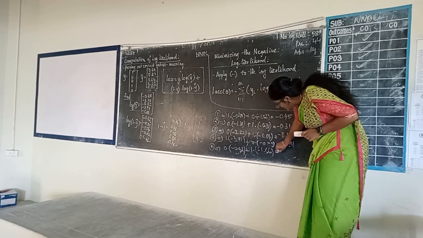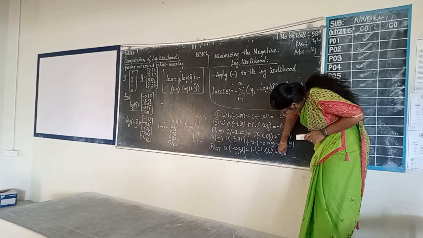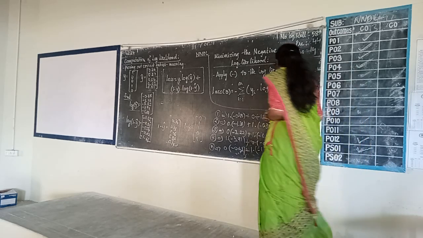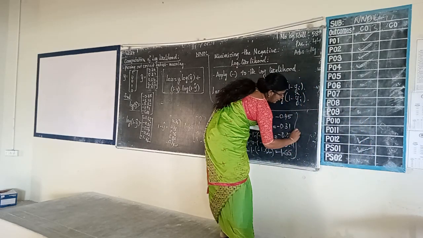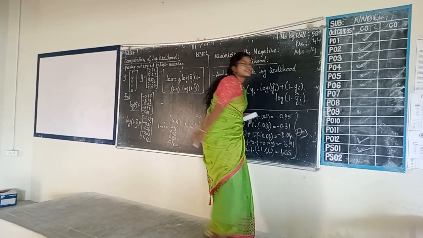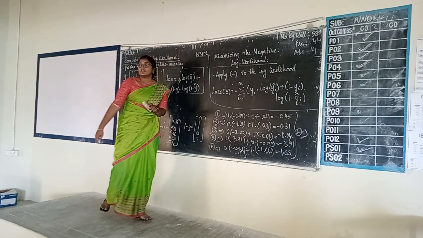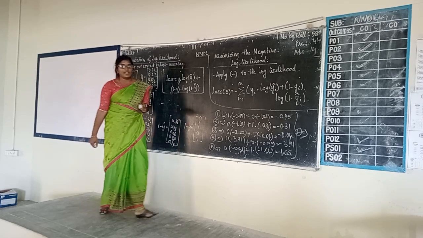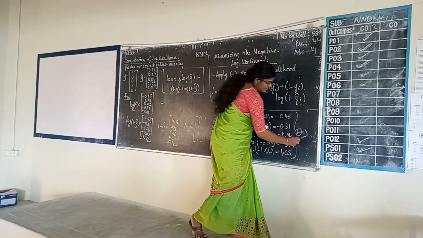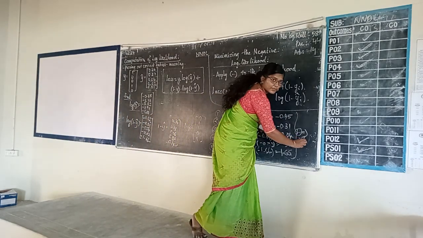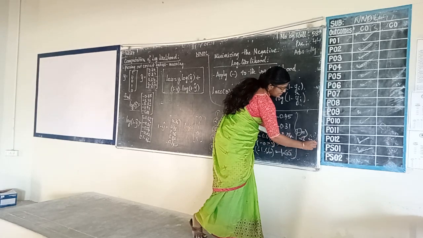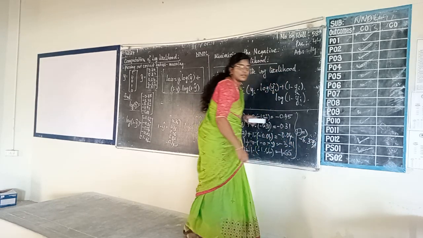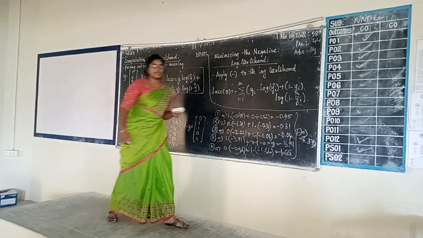So your value is minus 1.66. Summation of these values is equal to minus 6.37. Right?